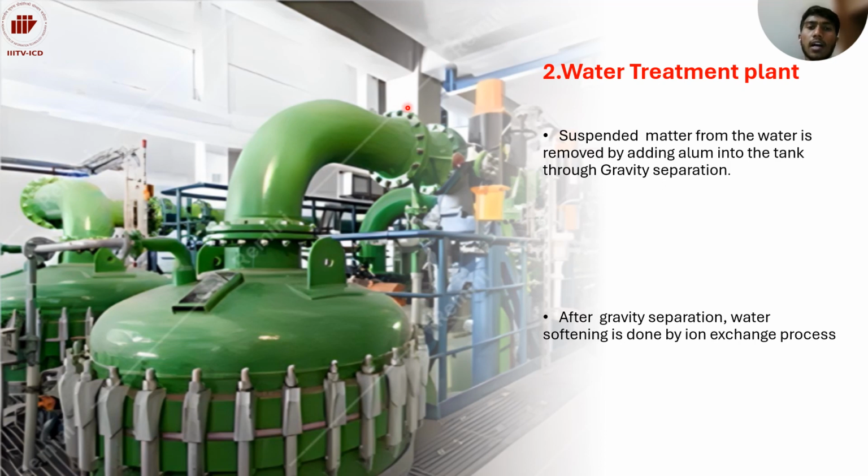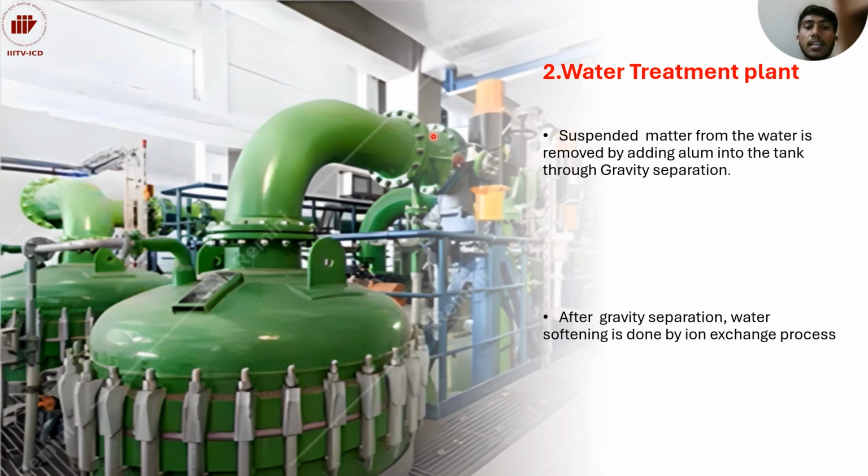Here it produces high pressure and high temperature steam. This steam and water will be in direct contact with the blades of the turbine, and with the direct contact, the blades in this turbine start rotating.